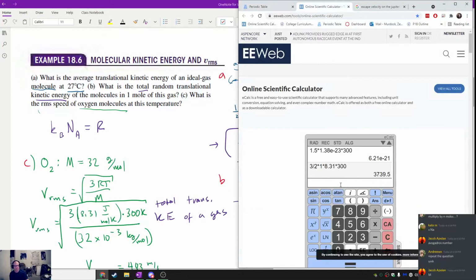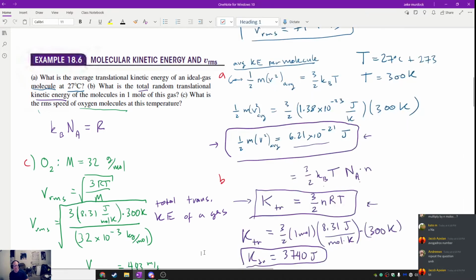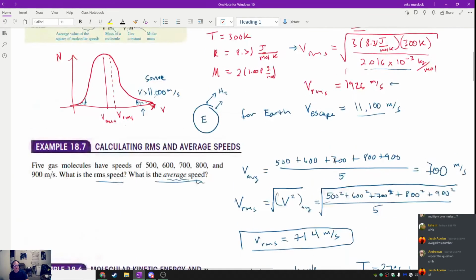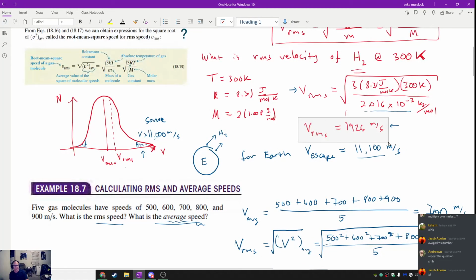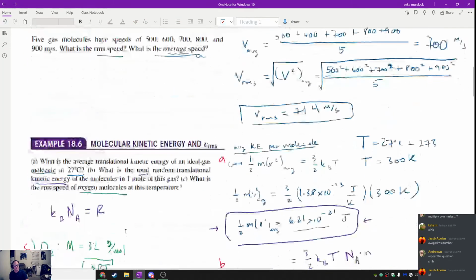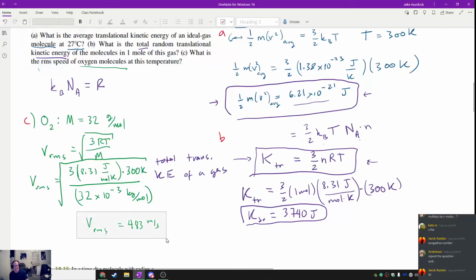So we've got 3 times 8.31 times 300 divided by 32e-3, and then we square root that. Yeah, 483. Should be exactly 1/4 of this. So that was about 2,000. 2,000 divided by 4 is about 500, right? And that's the answer.